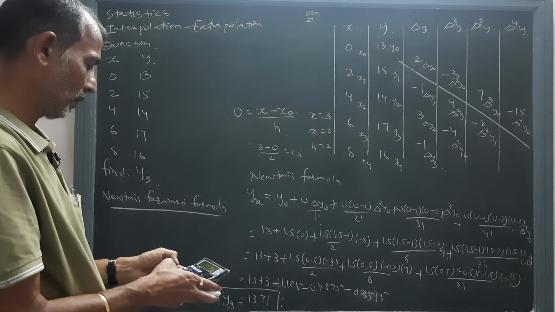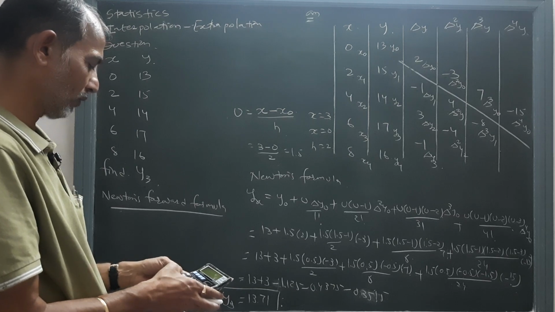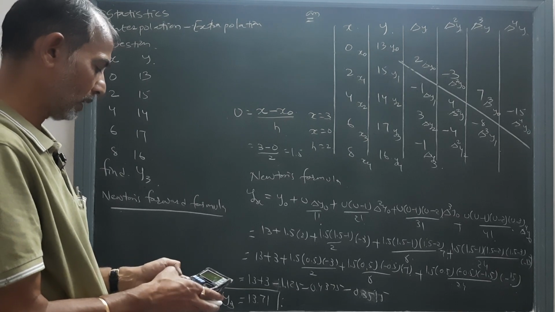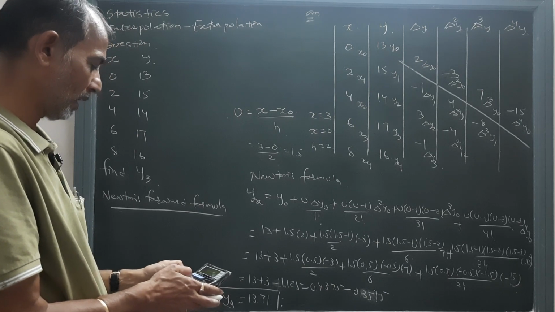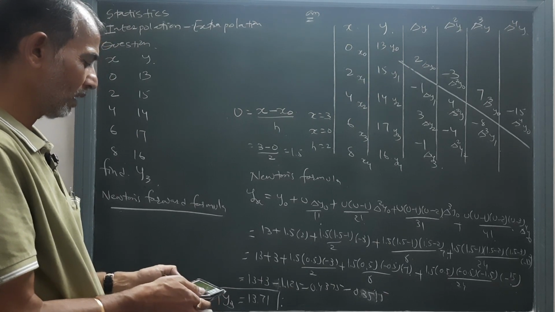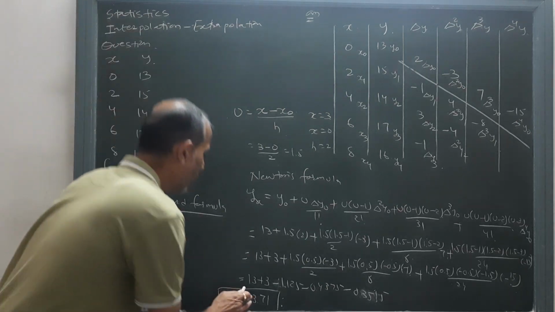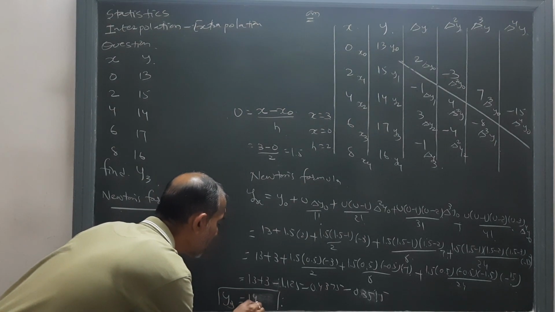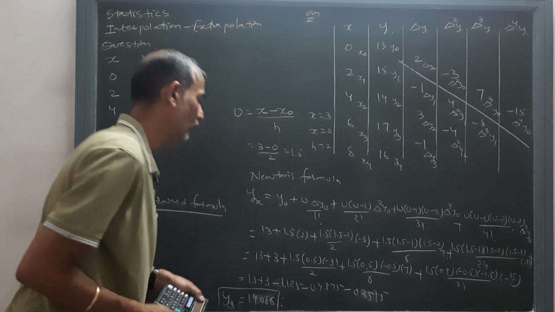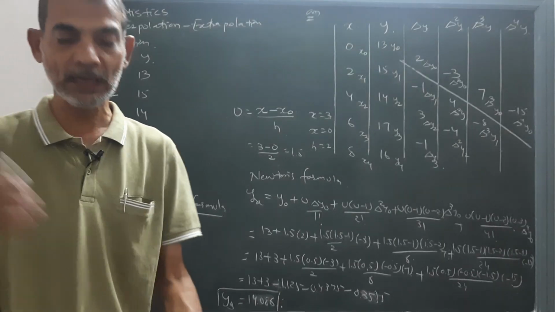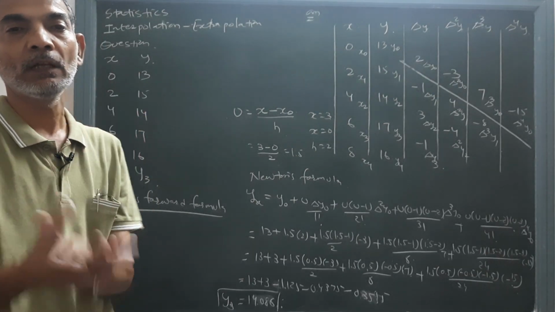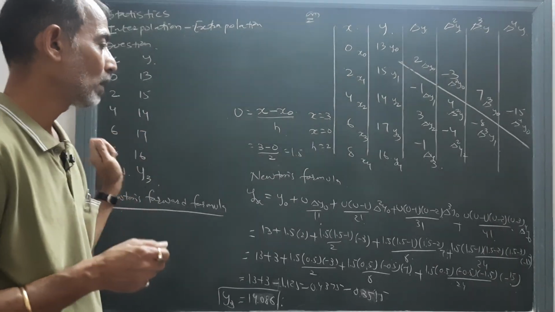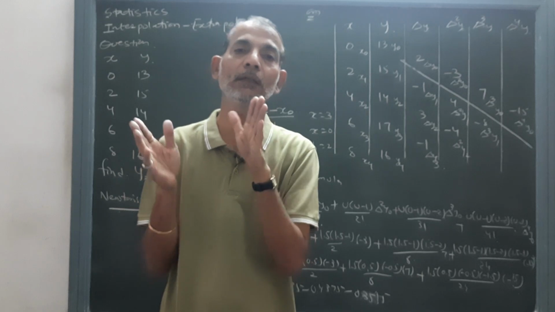So 13 plus 3 minus 1.125 minus 0.4375 minus 0.3515, that is 14.086. 14.086 is the value of y3. This is Newton's forward method.